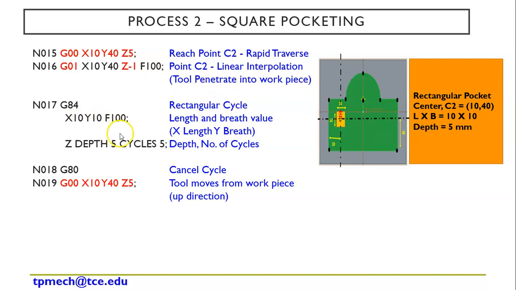This is the syntax, you cannot change it. When we give the rectangle cycle, each process forms a loop, similar to a for loop or while loop. Then I canceled with G80, and then I need to move the tool in the up direction. So I moved to Z5. So I completed the rectangular pocket. Now I go with the circular pocket.